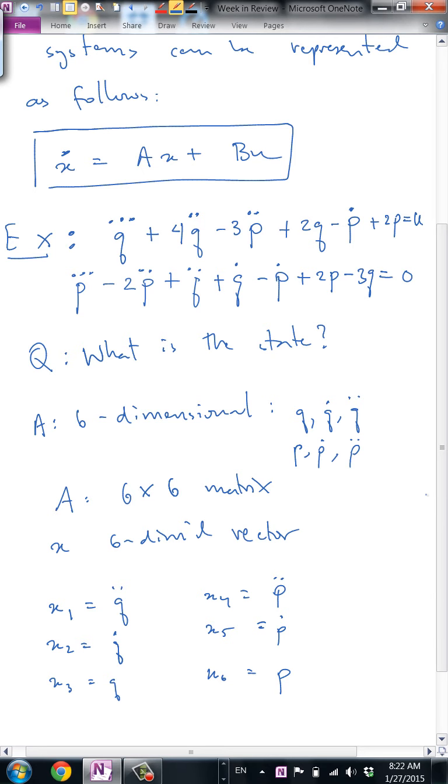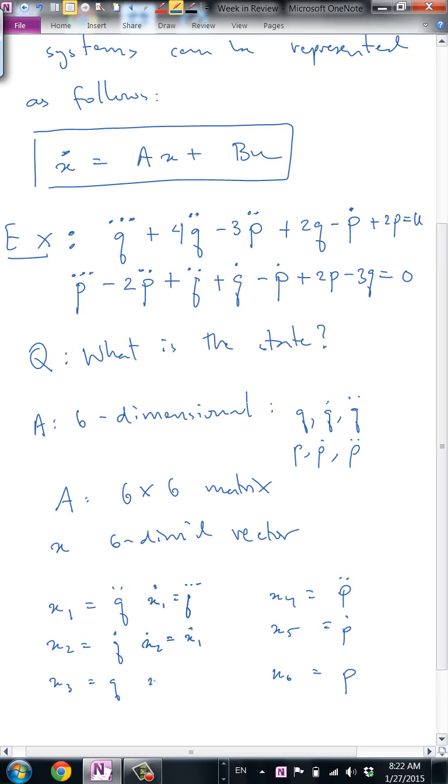So note that this means that x1 dot is equal to q triple dot, x2 dot is equal to q double dot, or just x1, x3 dot is equal to q dot, or just x2. x4 dot is equal to p triple dot. x5 dot is equal to p double dot, or just x4. And x6 dot is equal to p dot, or just x5.